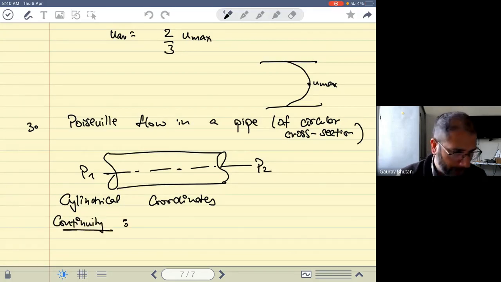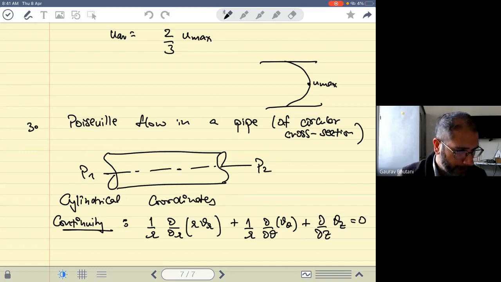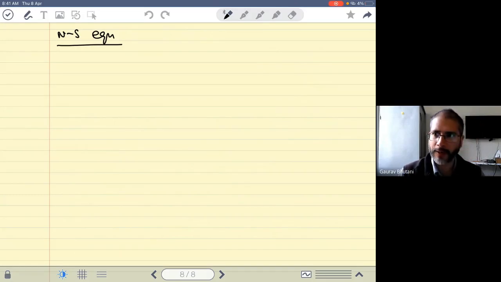So these are for cylindrical coordinates. So the continuity equation is, I mean, we already have discussed that, but I'll write it again. Okay, so this is the continuity equation and the Navier-Stokes equation. So again, we'll have the Navier-Stokes equation in three different components.